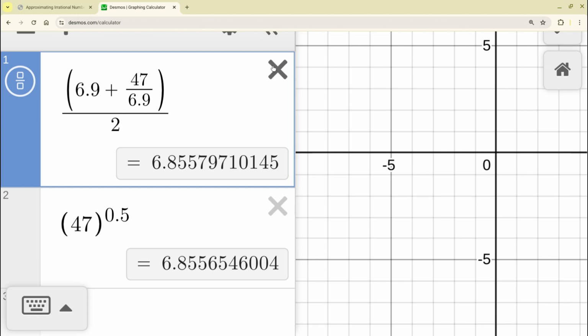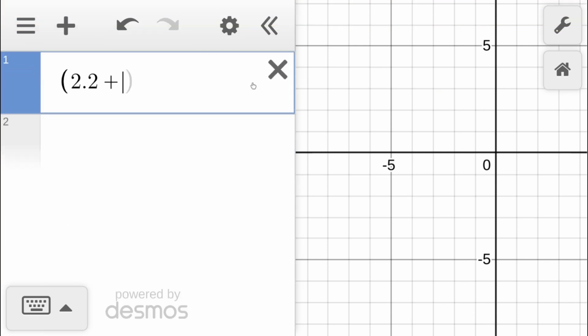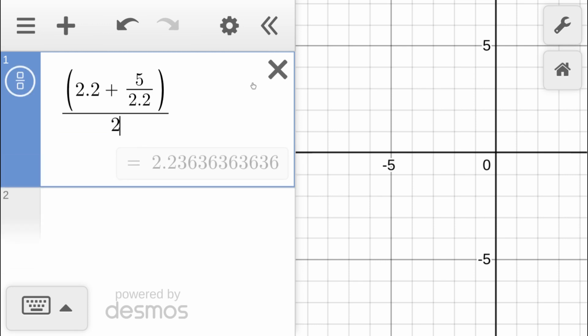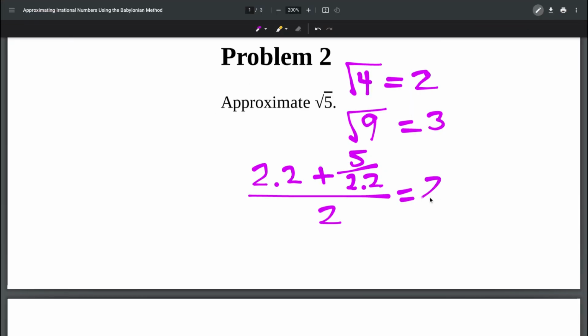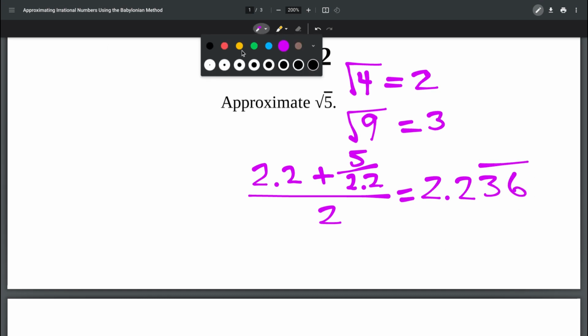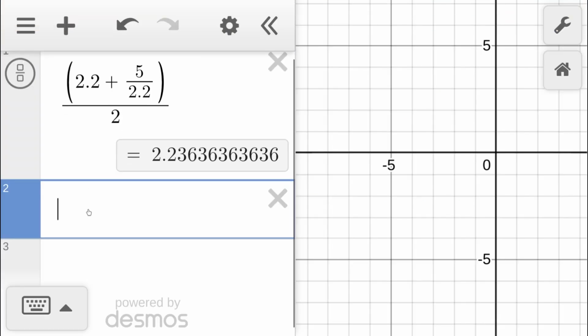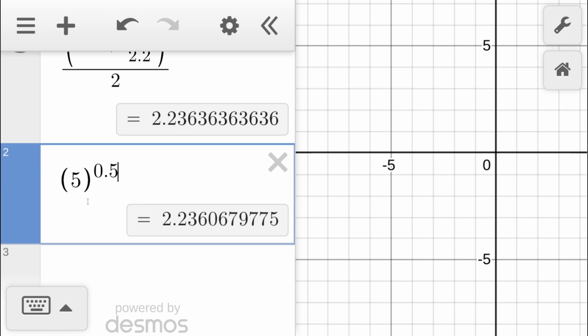Let's go here to Desmos. Let's clear these out. So I'm going to do 2.2 plus 5 divided by 2.2 and divide all of that by 2, and I get 2.236 with the 36 repeating. Okay, so what is the actual value here? Let's go to Desmos and see. So if we raise 5 to the 0.5 power, that's taking the square root.